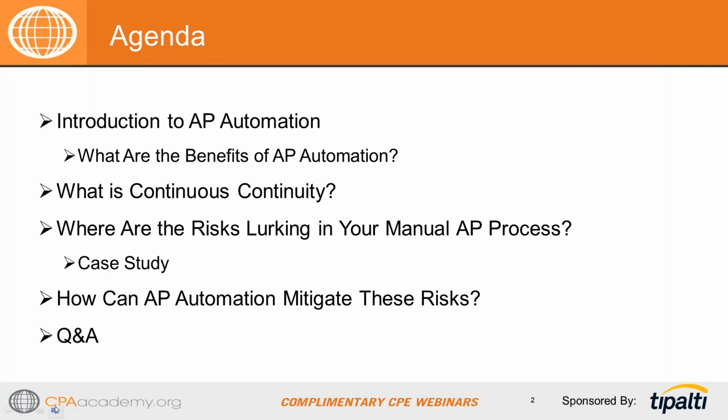We'll take a look at what the risks are and where the risks are lurking in your manual AP process. Sounds kind of ominous, but we have a little case study for you along with some other examples. And then we'll get into how specifically AP automation can help you mitigate these risks.